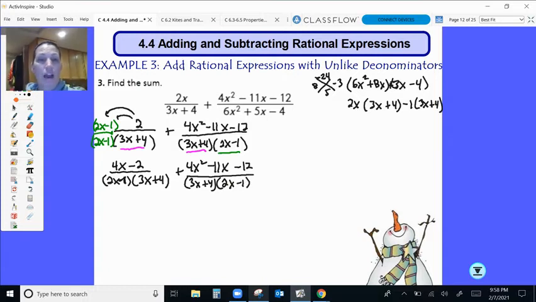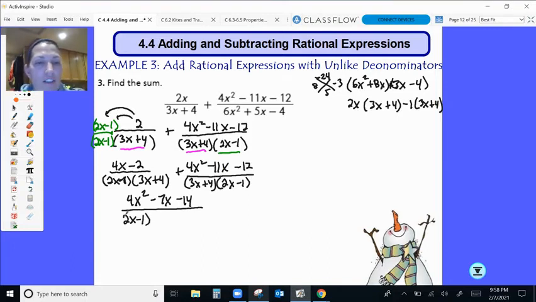Now I can combine my like terms on top because I have common denominators. So I'm just going to add the top now, keep my common denominator. So 4x squared. I have 4x and negative 11x, which gives me a negative 7x. Negative 2 and negative 12 is negative 14.